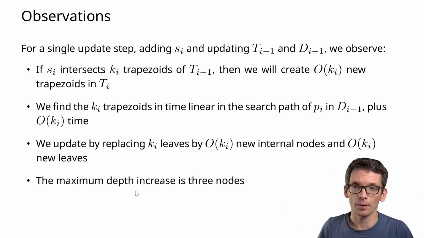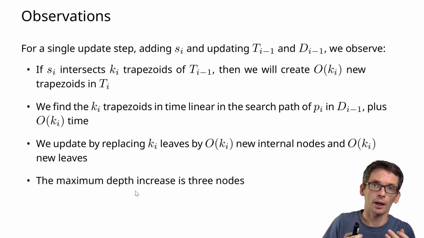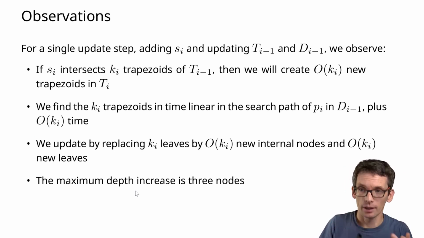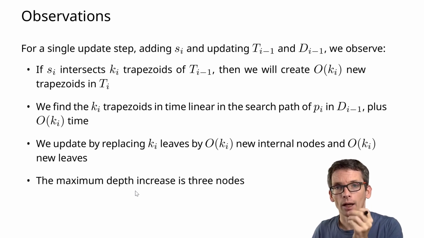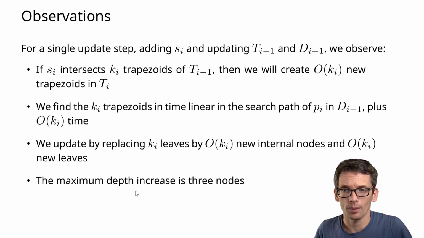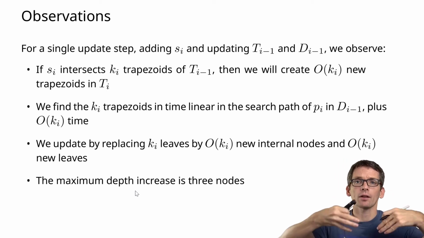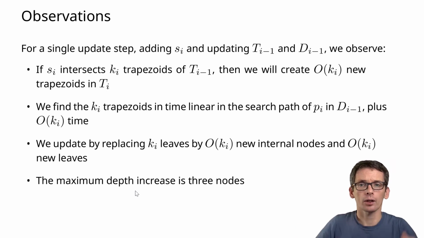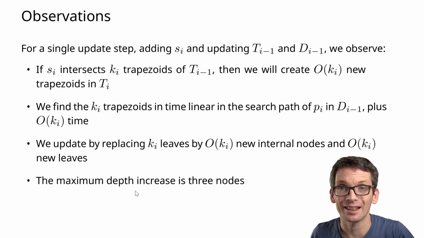So if we are updating Ti-1 and Di-1 to Ti and Di, when the new segment intersects Ki trapezoids of Ti-1, then we are creating order Ki new trapezoids in Ti.